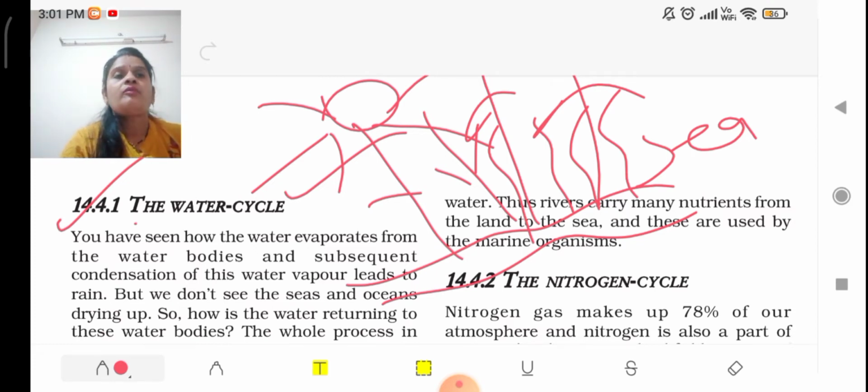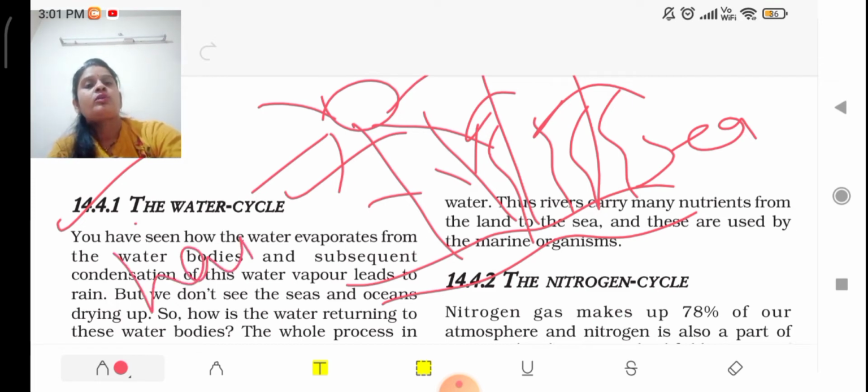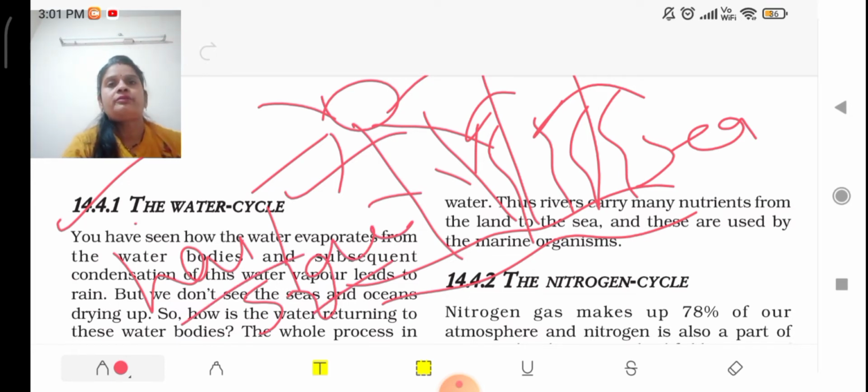Sometimes, due to the very low temperature at high altitude, these drops of water convert into hailstones. Okay, and these hailstones fall on the earth. Correct? So this is how water evaporates and converts into rain.